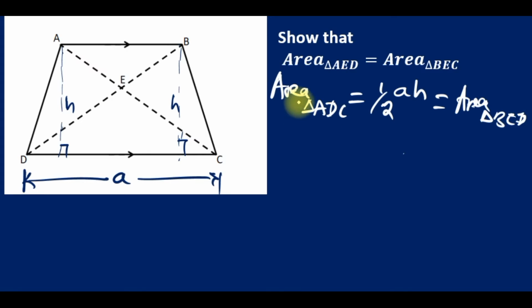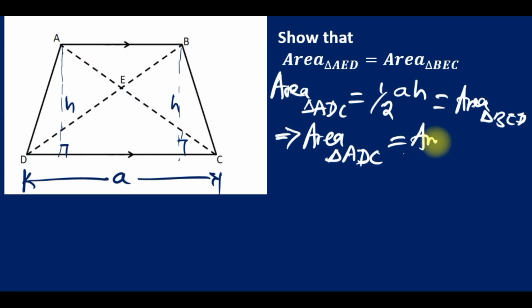So what do you notice? We now see that the area of triangle ADC is the same as the area of triangle BCD. And if you look at it, the two triangles have a common area, triangle DEC.